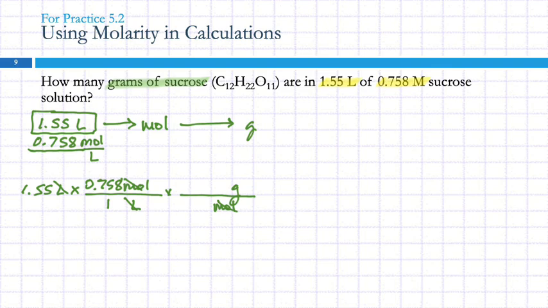Grams per mole. We need the molar mass. They gave us the formula because we don't expect you to know the formula for sucrose.